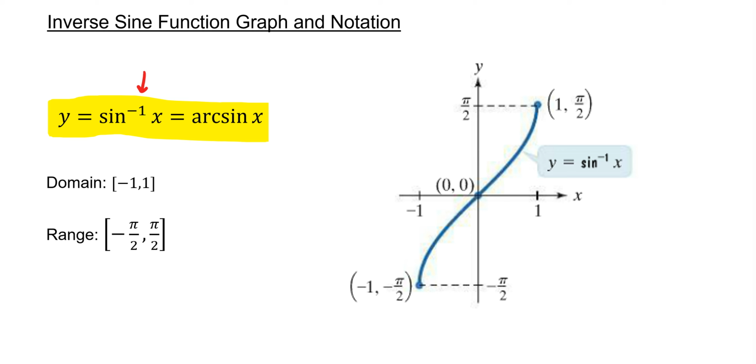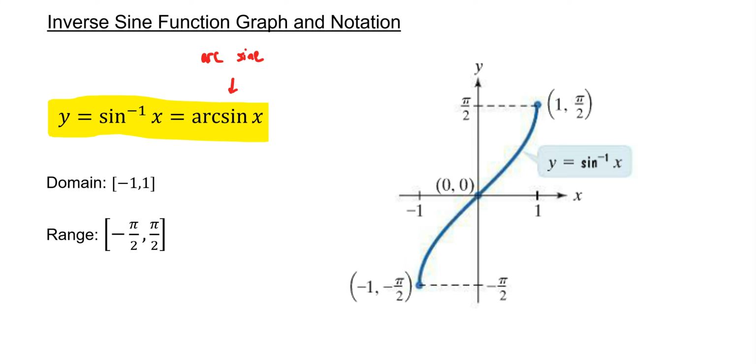That is not what it is. This is not sine to the -1. You just read this as sine inverse, so it's kind of dumb notation, in my opinion, because it looks like an exponent, but it's actually not. The one on the right, you would read this as arc sine of x, and they both just mean the same exact thing. They both represent the inverse sine function.